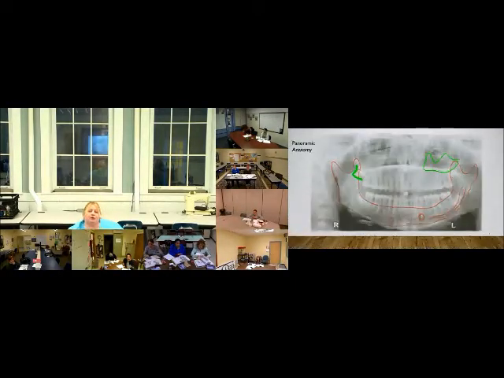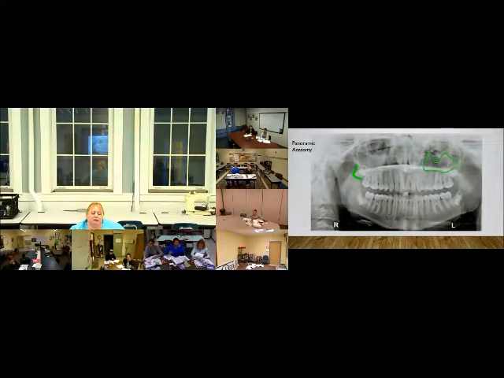Yeah, me too. Okay. And so I'm just going to superimpose a dental radiograph over these. And what I have outlined here are the maxillary tuberosity and the maxillary sinus.